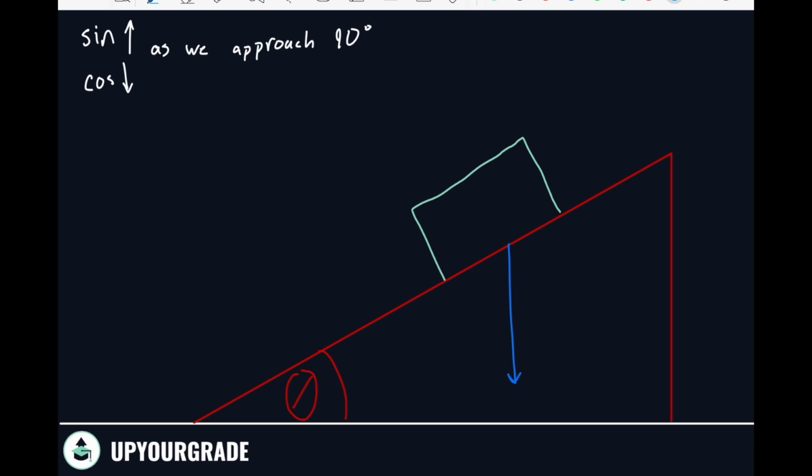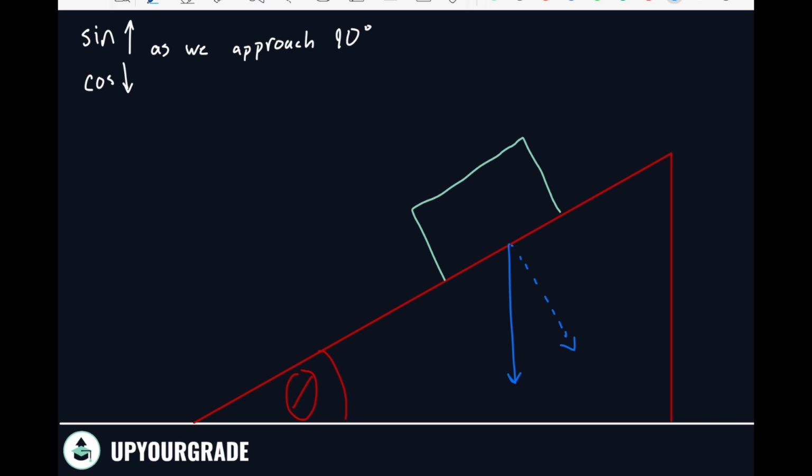But because this inclined plane is at an angle, we know that gravity is going to do two things. It's going to exert a perpendicular force downward, just like that, which is the force that the box exerts onto the plane.